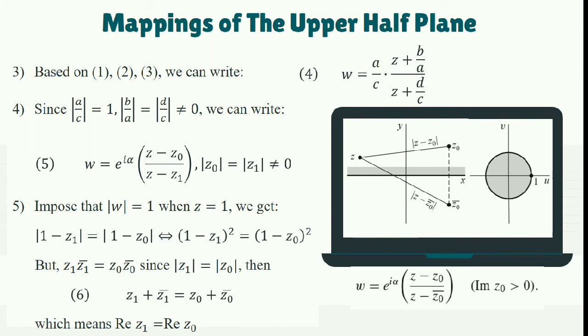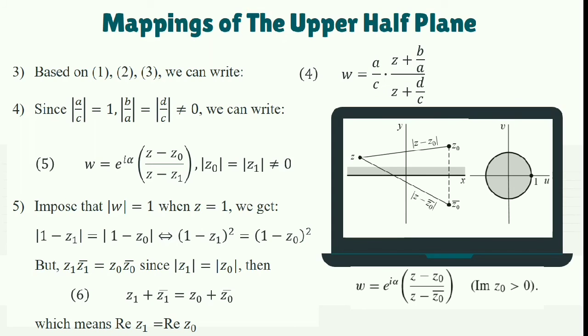Imposing that the absolute value of w equals 1 when z equals 1, we get the absolute value of 1 minus z1 equals the absolute value of 1 minus z0. And we have |1 minus z1| squared equals |1 minus z0| squared.